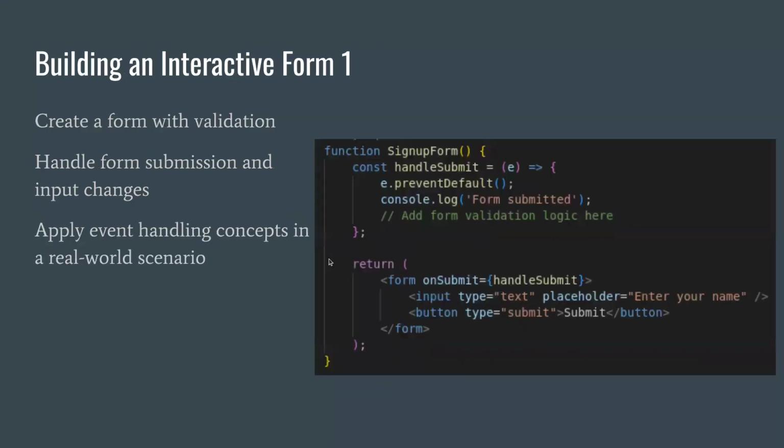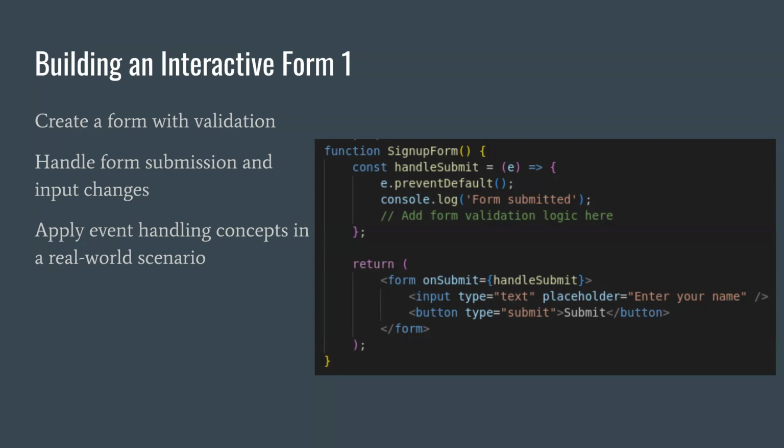Building an interactive form. Let's do this exercise. We're trying to put together everything we've learned in this comprehensive exercise. We want to build a small form with inputs and a submit button.